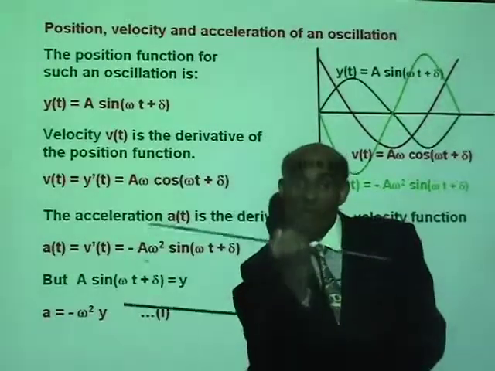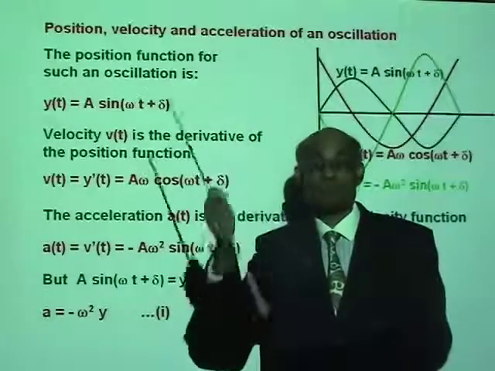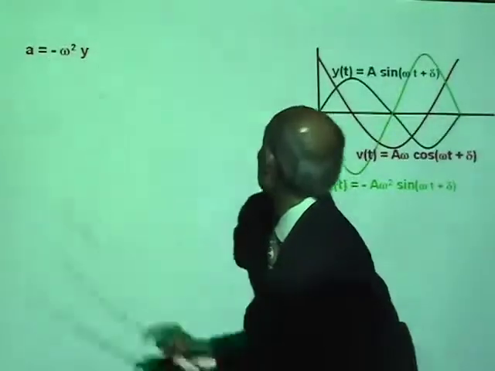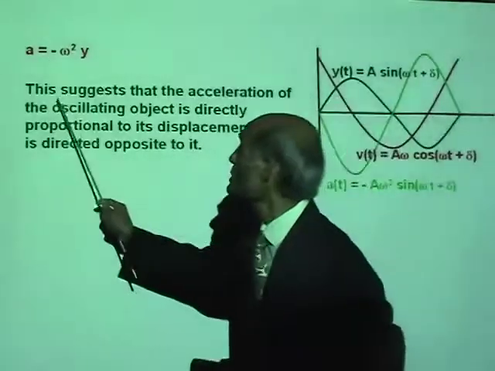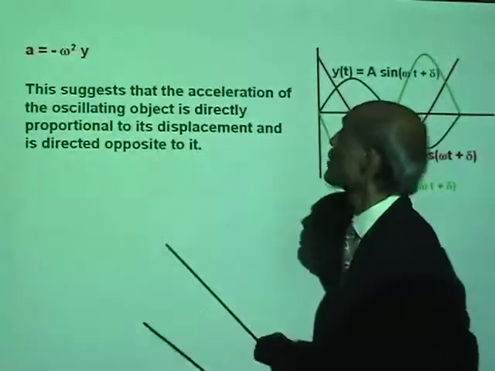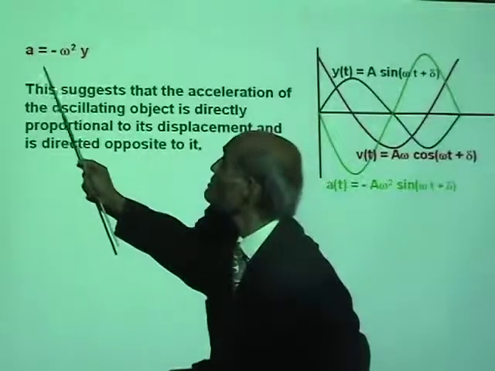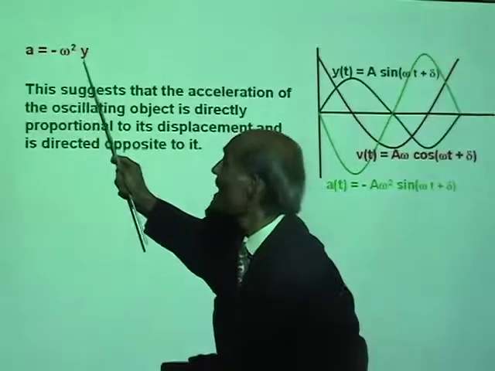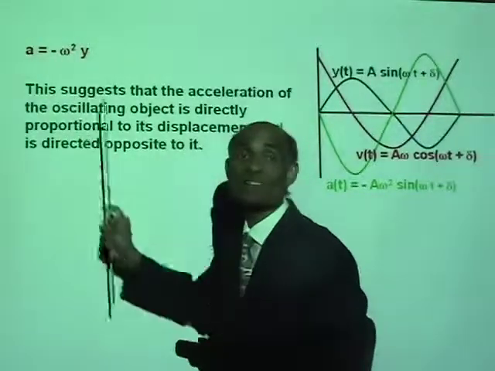That means at the lower extreme and at the upper extreme. A equals negative omega squared y. This suggests that acceleration of the oscillating object is directly proportional to the displacement. Is that right? Acceleration varies directly as the displacement because omega is a constant.